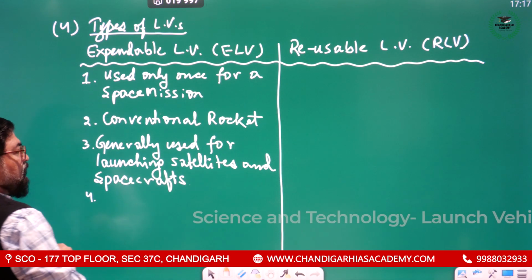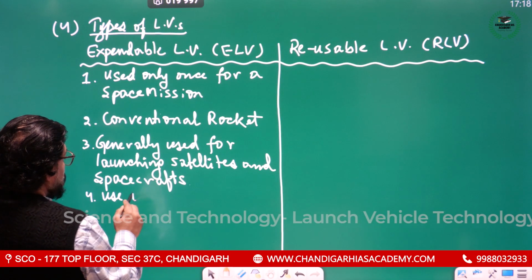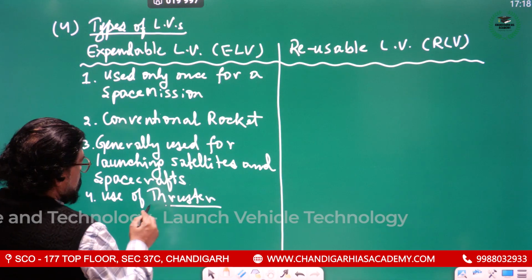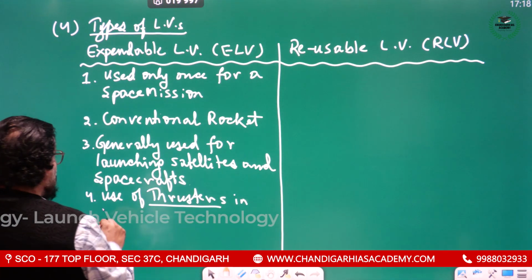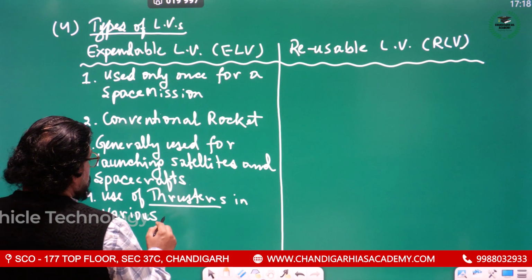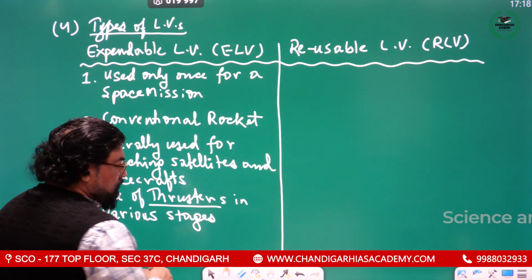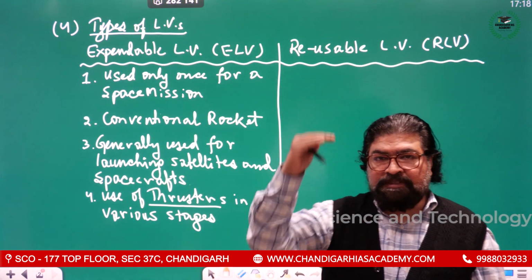Now, what is another aspect of this? They use thrusters in various stages. There may be 3 stages, 4 stages. Just take an example: the Polar Satellite Launch Vehicle, PSLV, has 4 stages.